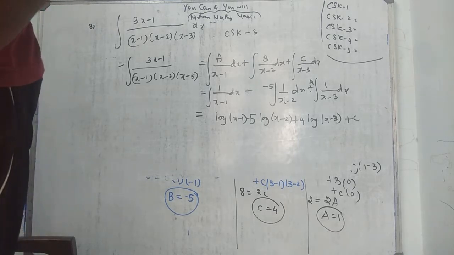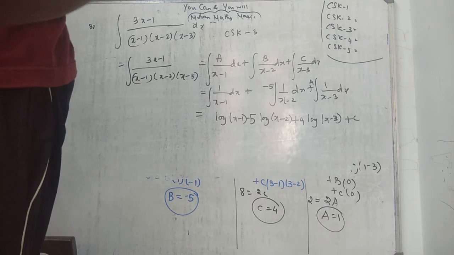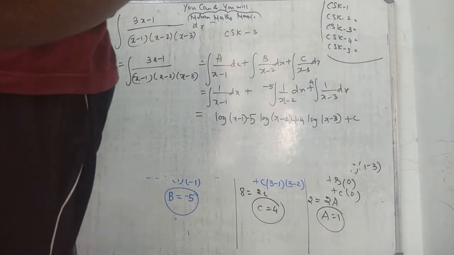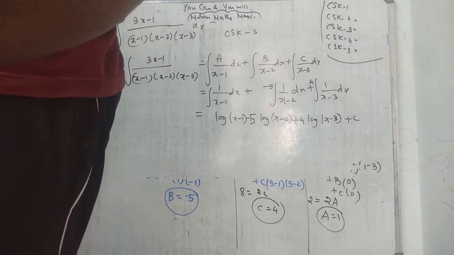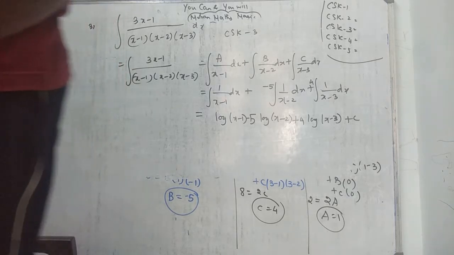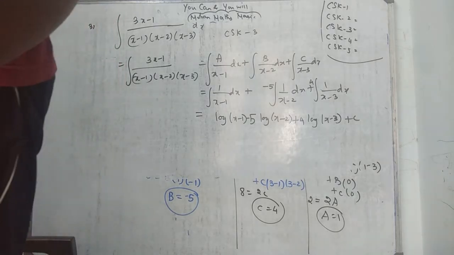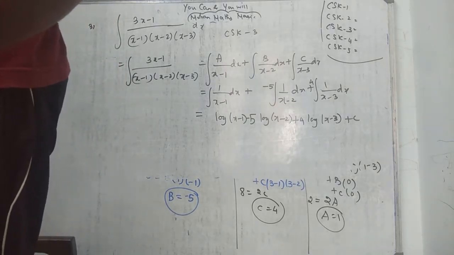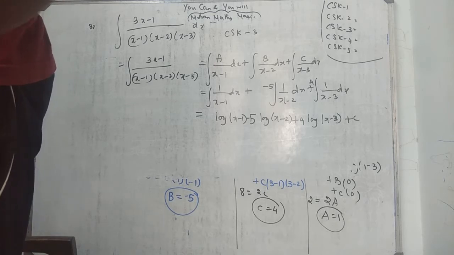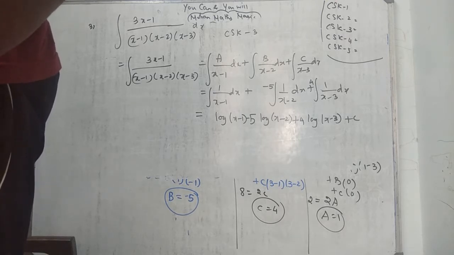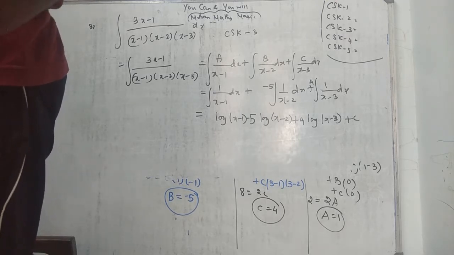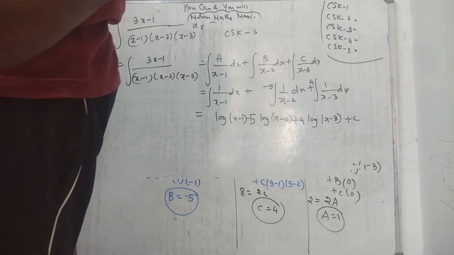Then you can go with question number 10 also CSK 3. Question number 11 also CSK 3. Questions 10 and 11 are CSK 3. Okay, be very careful in that.